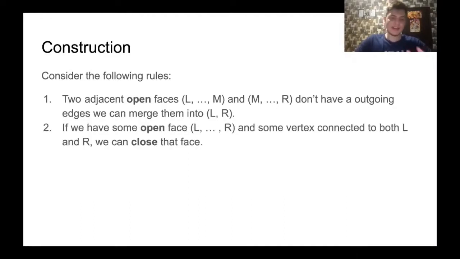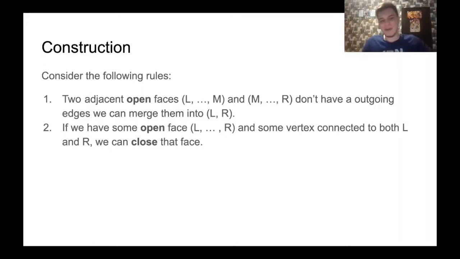And then the second one is in the case that we have an open face with the endpoints being L and R, and there are some other things in between. If we have some new vertex which is connected to both L and R, this will actually close the whole face, because you have a new vertex which is closer to the center of the circle, and it will just close the current LR.